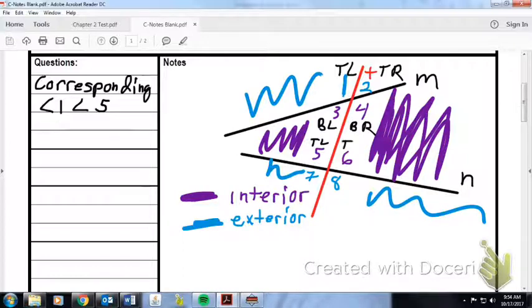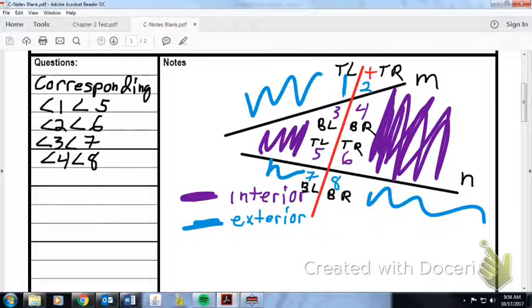The other 3: I like to fill them in top left, bottom right. And then 2 and 6, because those are both the top rights. 3 and 7, those are your bottom lefts. And 4 and 8, those are your bottom rights.